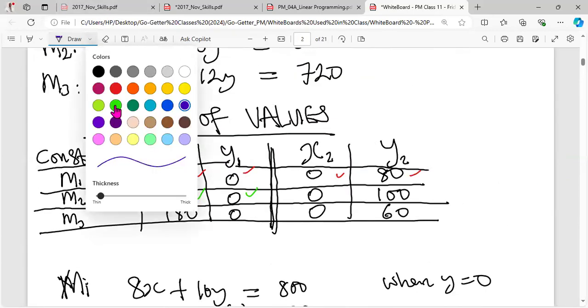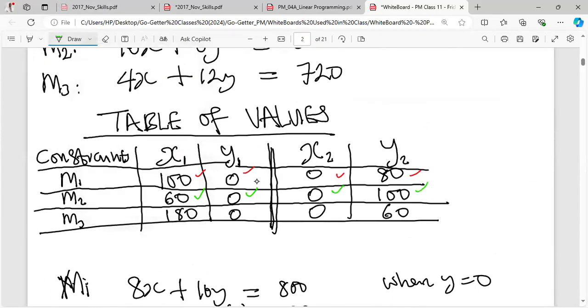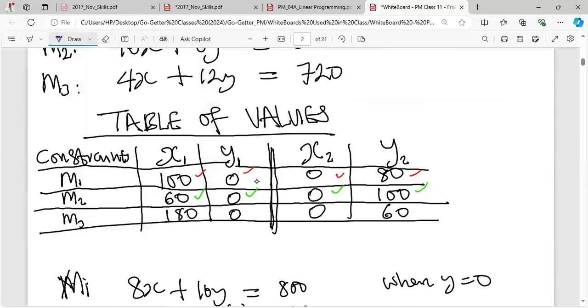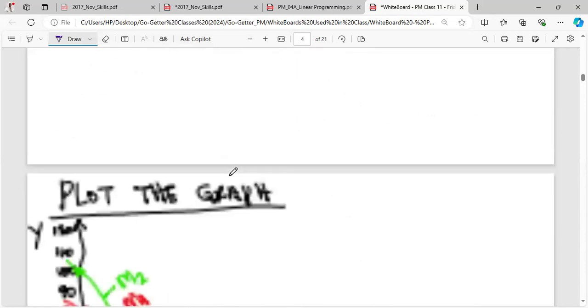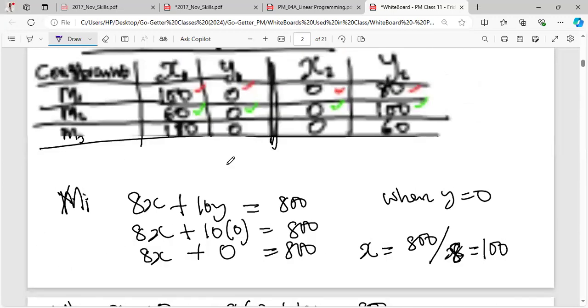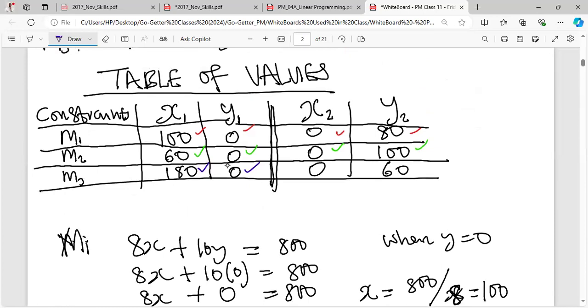Okay, so I'll need to tick this one off. We've done this, we've done this. So we'll now go to the next one. When x is 180, y is 0. So you go to where you have 180. Wow, it's going to be a challenge for me here. X is 180 here, y is 0. Then the next one, when x is 0, y is 60.